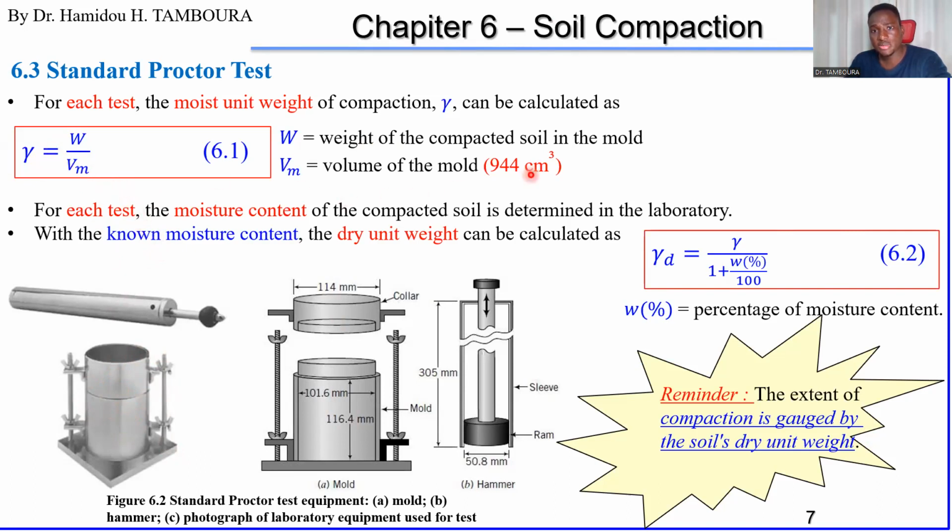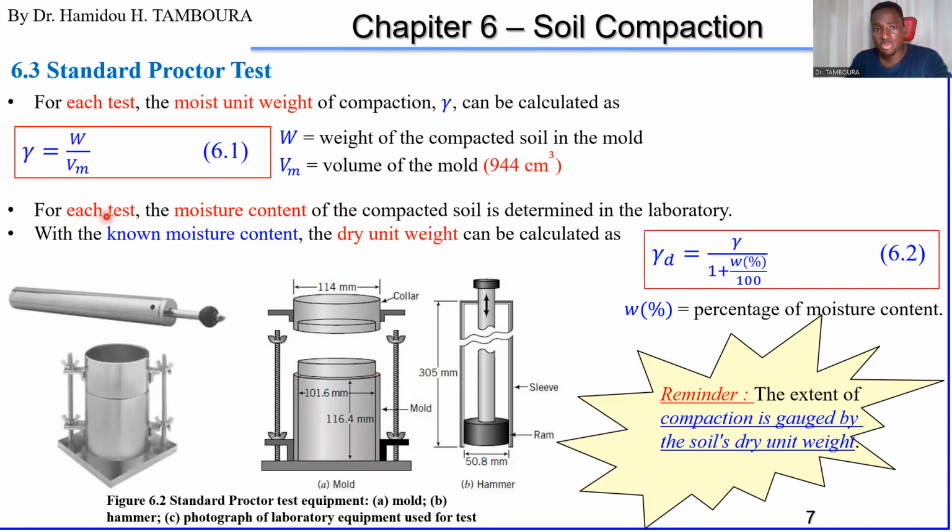And the volume is constant. It doesn't matter what type of soil you are using or the amount of water you have added. This volume is the same because it's the volume of the mold. So weight divided by volume, you get the wet unit weight.